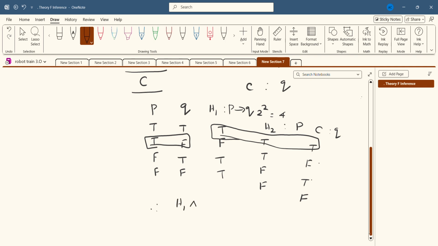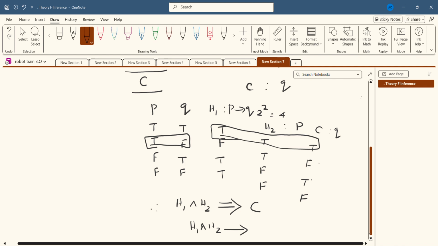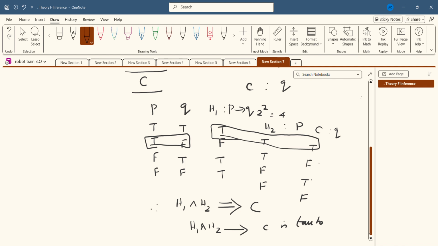H1 conjunction H2 logically implies the conclusion C. Logically implies means what we are going to prove? H1 conjunction H2 implication C is a tautology. Okay.